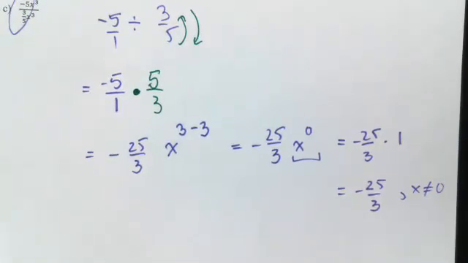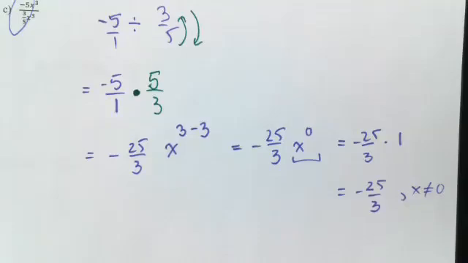So usually we don't have this rule for 0 to the 0. So it has to be something different than 0, right? But anything to the exponent of 0 equals 1 by definition for powers.